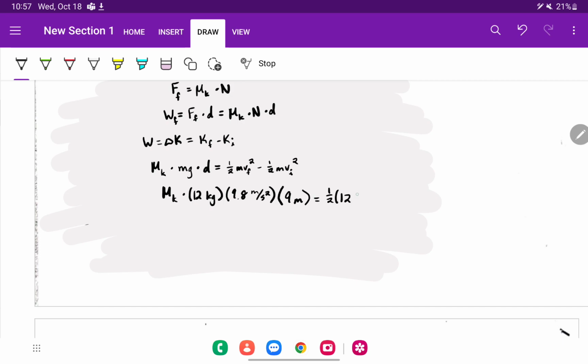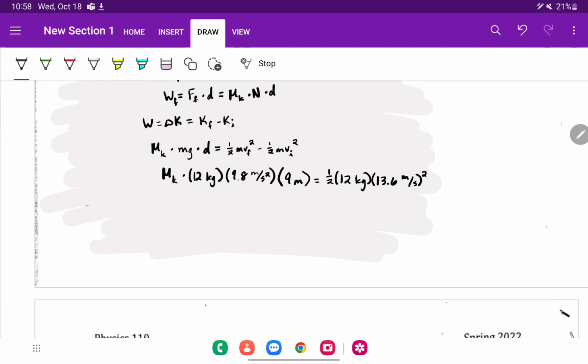We have 1/2 times 12 kilograms times v final squared. So v final is the velocity at point S, which was 13 meters per second, and we're going to square that. And then our initial kinetic energy was 1/2 times 12 kilograms times our initial velocity at point R, which was 15 meters per second squared.